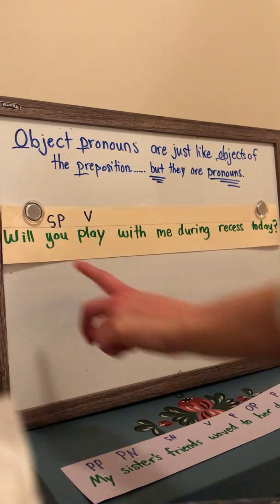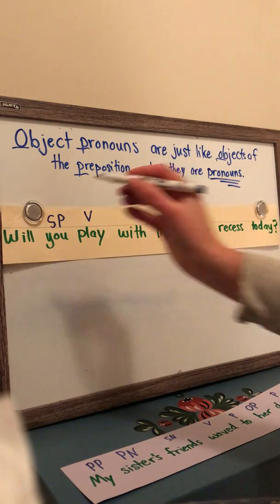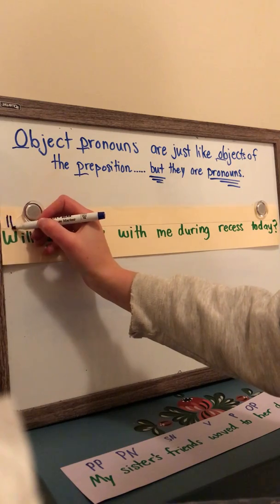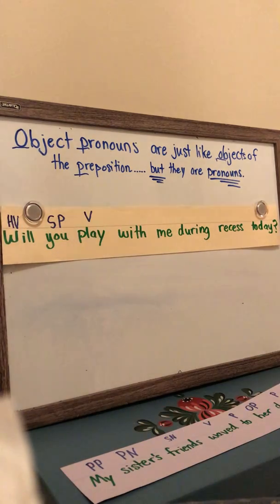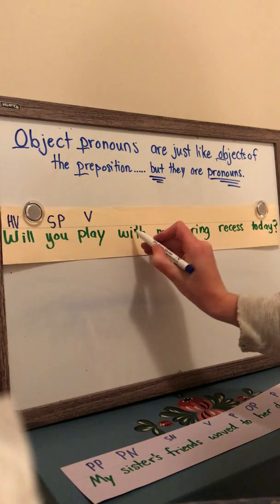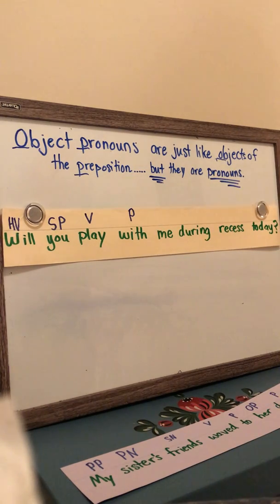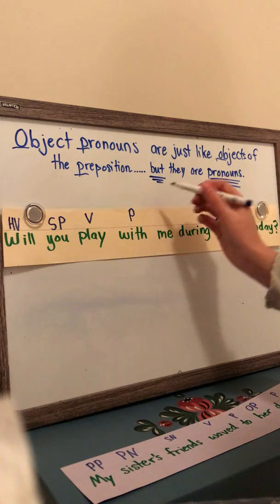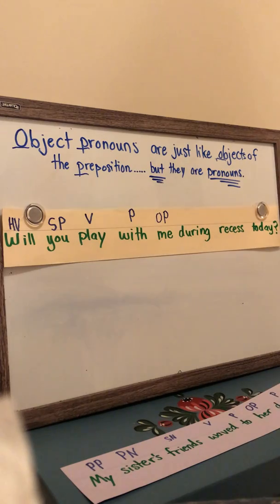And what is will? What do we call will? It's not somebody's name. That's actually a helping verb, right? The word will is helping play. Will play. With is our preposition. With whom will you play? Me. That's an object pronoun or an object of the preposition.